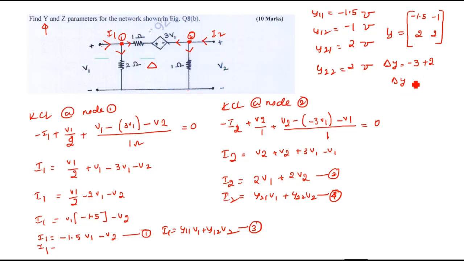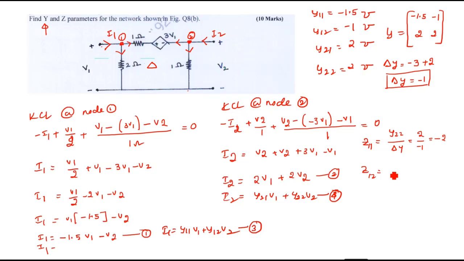So the determinant of y is minus 1. Next, let us calculate Z11. Z11 equals y22 divided by the determinant of y. What is y22? It is 2 divided by minus 1, that is equal to minus 2.